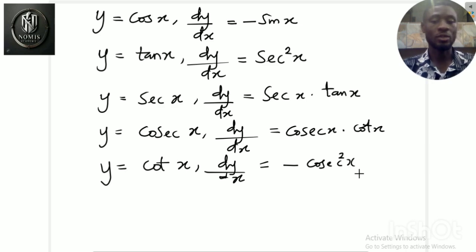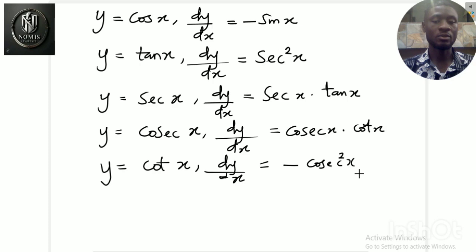Now the third one, tan x. When you differentiate tan x, you have sec squared x. When you differentiate sec x, you will have sec x multiplied by tan x.